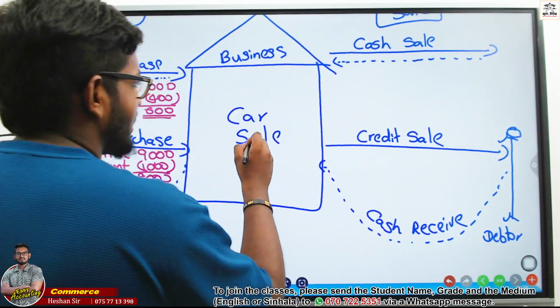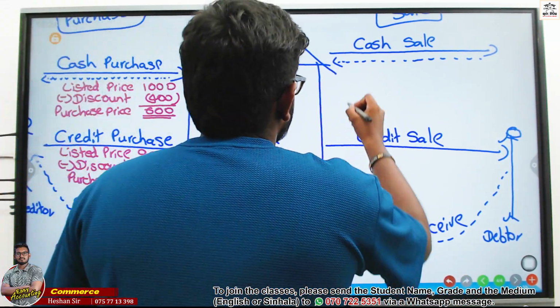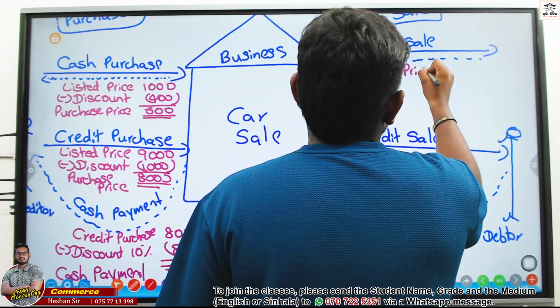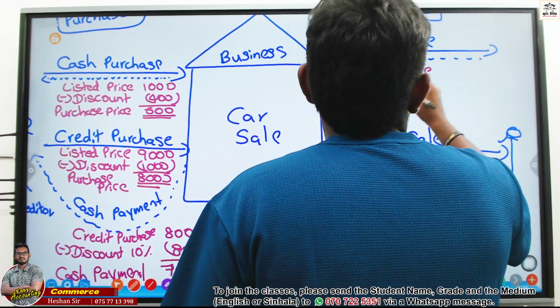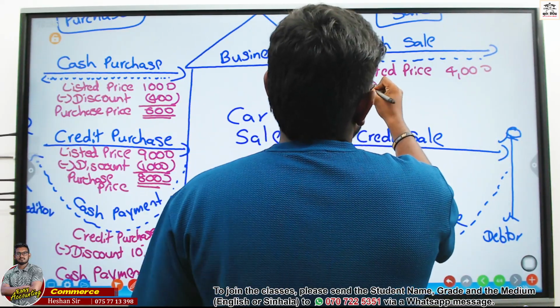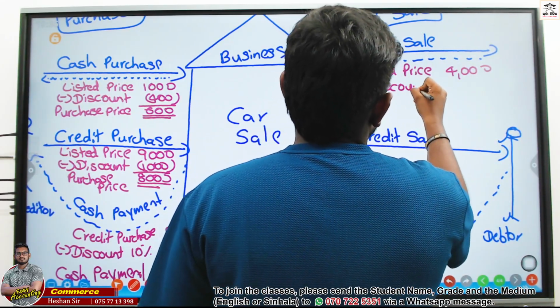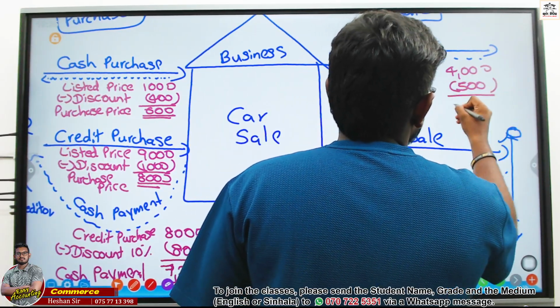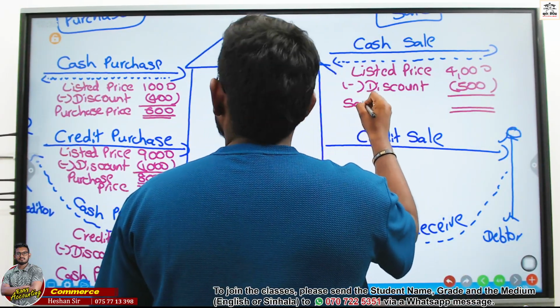Okay, now in here. Now think this the listed price in here. Listed price 4,000, minus discount 500. Can you tell me how much is my sales price?